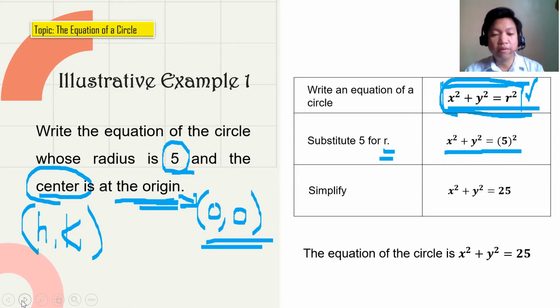So, wala na ring bearing yung 0, 0 dito. Kaya, hindi na natin siya na-substitute. Okay? So, for clarification yan. Kasi hindi naman ito coordinates niya na x and y, kasi dahil ito ay center, h, k siya. Okay? So, sana na-gets ninyo yan.